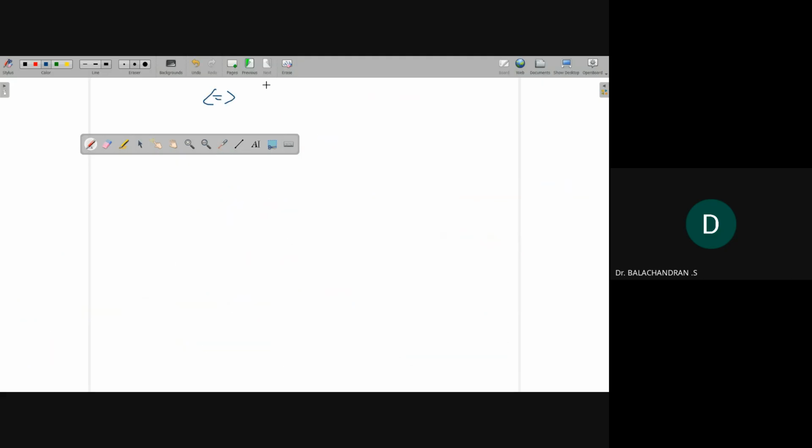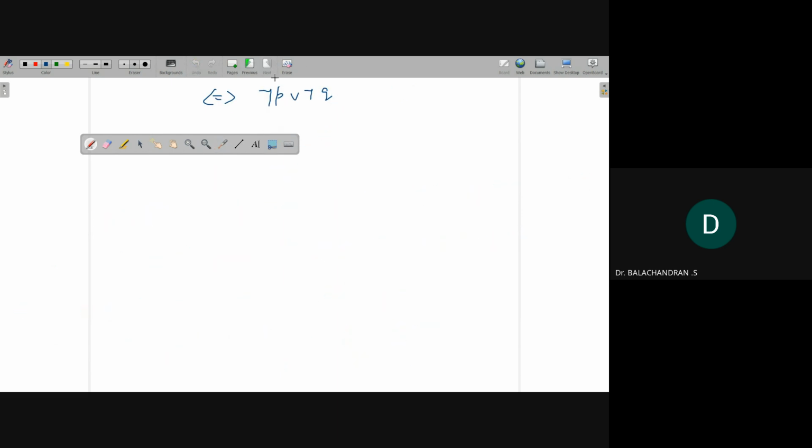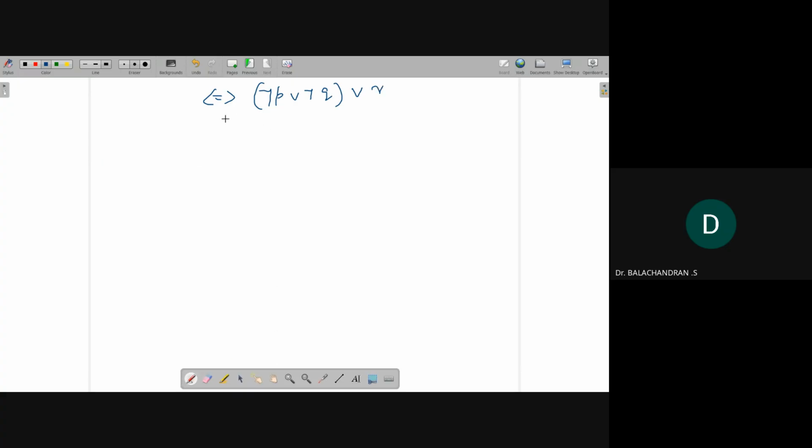by applying associative law. (Negation p or negation q) within bracket or r. Now which is equivalent to, apply De Morgan's law, negation of (p and q) or r.